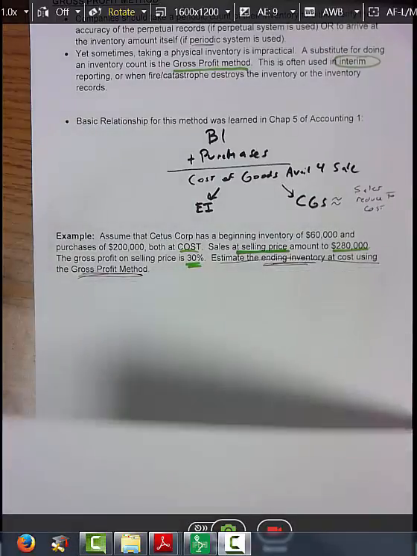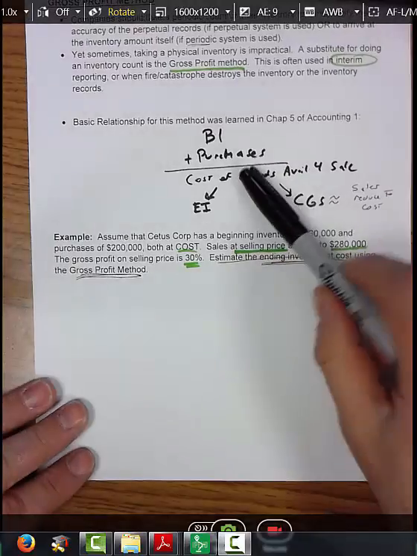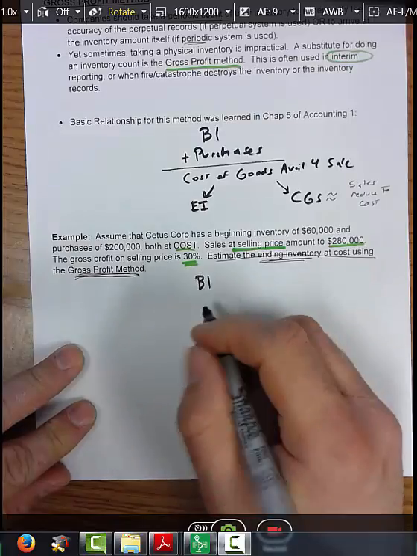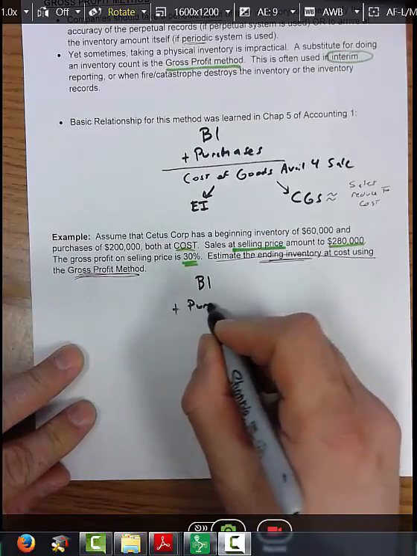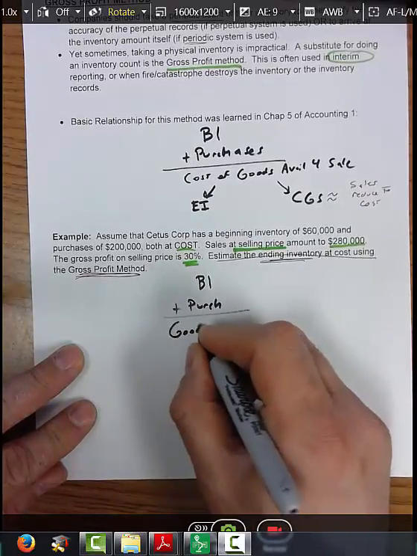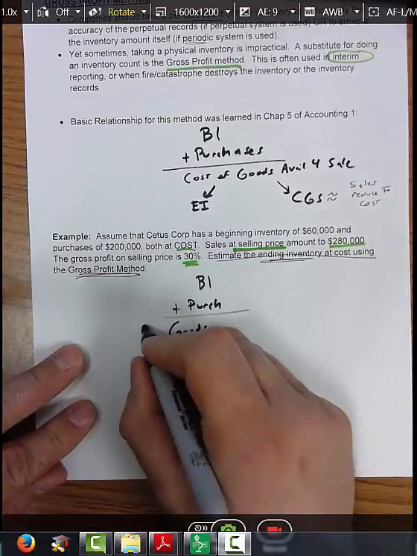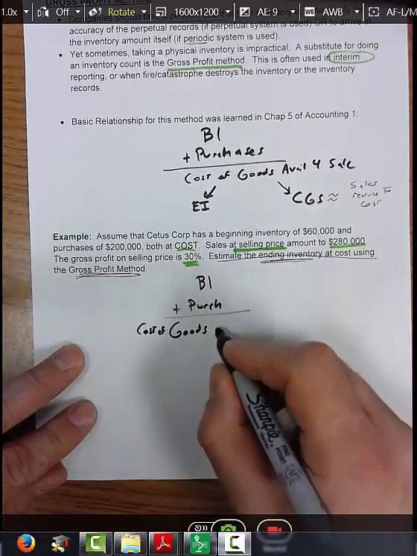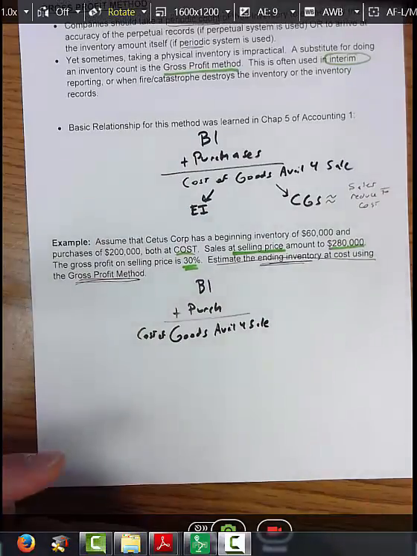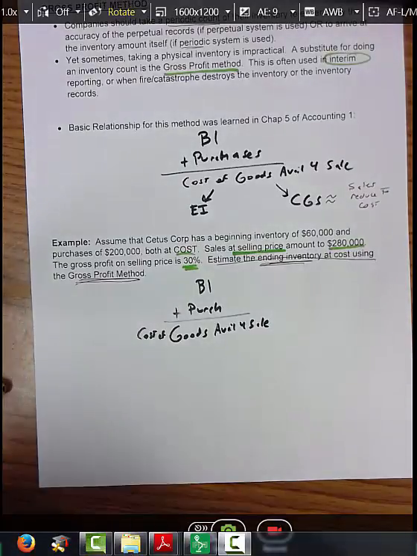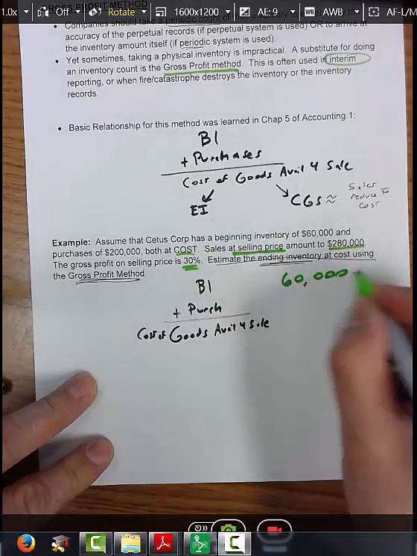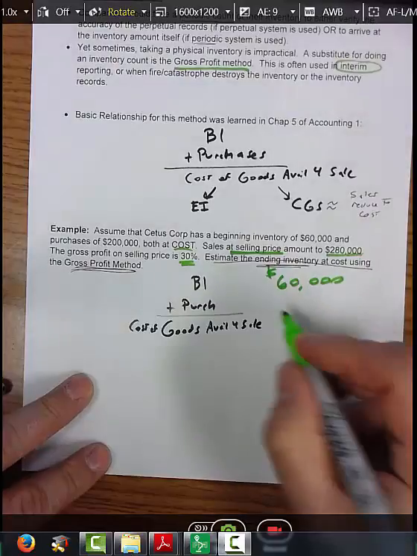Let's go ahead and do this, and again, let's think of the relationship up here. We have our beginning inventory plus purchases, which gives cost of goods available for sale. The beginning inventory is valued at $60,000.